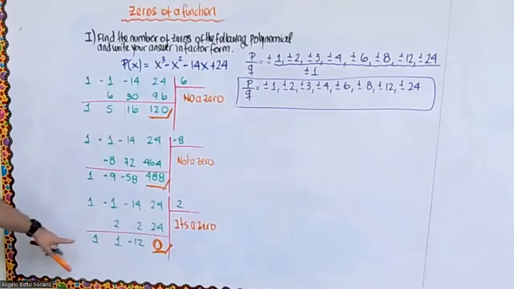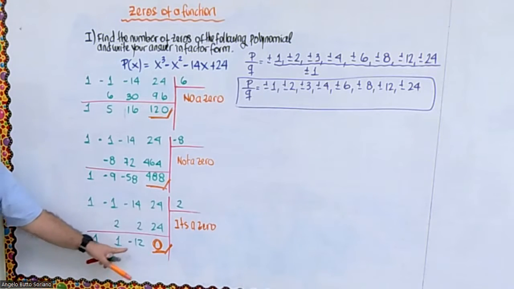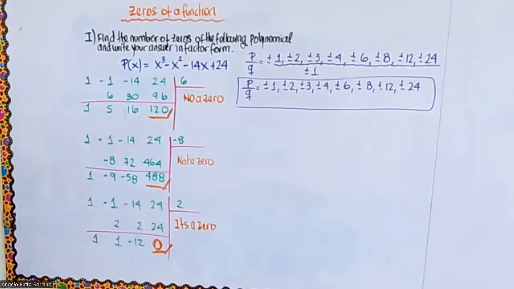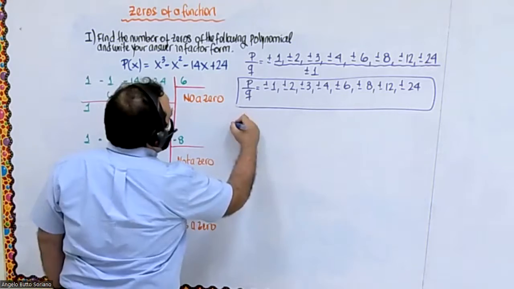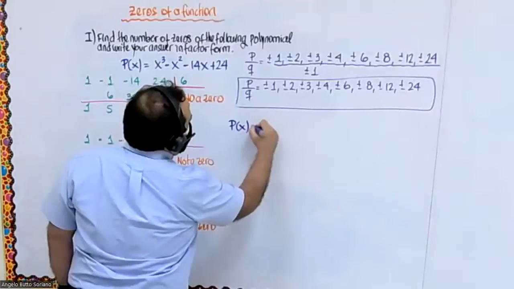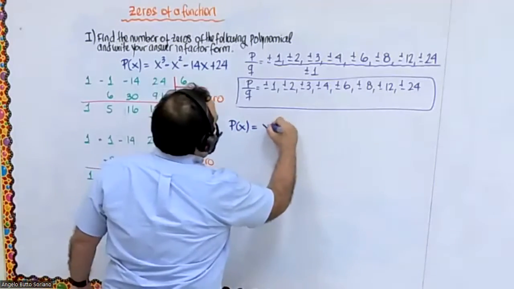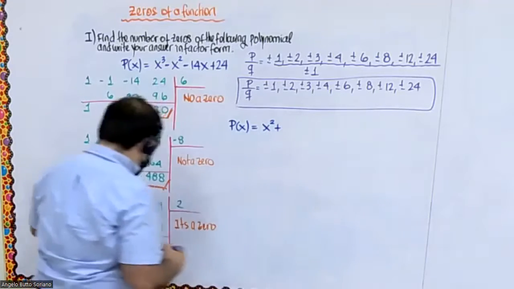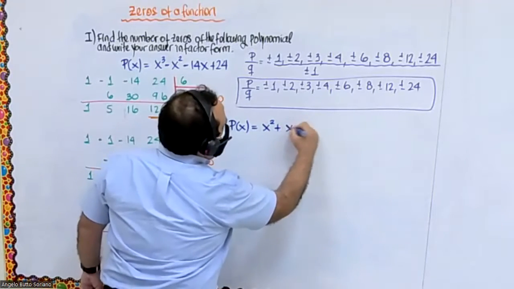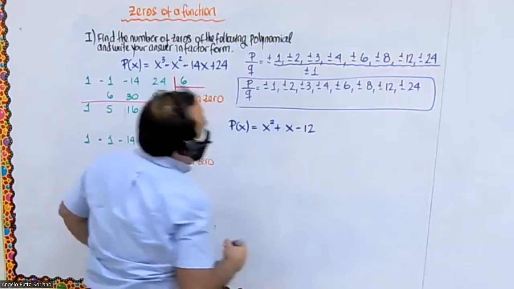I'm going to copy these numbers, 1, 1, and negative 12, like a new polynomial. That will be our new P(x), decreasing 1 degree: x squared plus x minus 12.